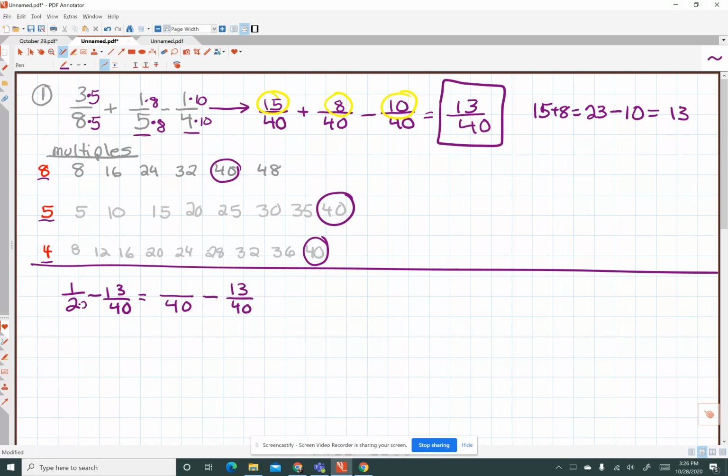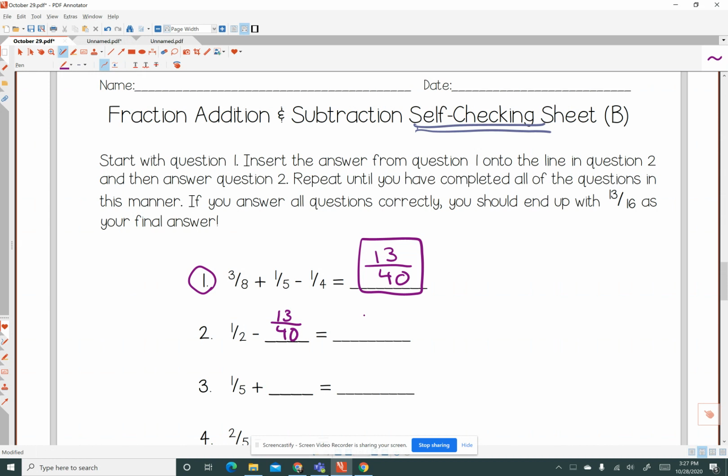So 2 times 20 is 40. 1 times 20 is 20. And 20/40 minus 13/40 is 7/40. Let's go back to our page. And that's a final answer there. But that also has to go here.